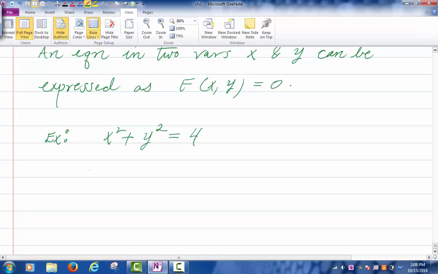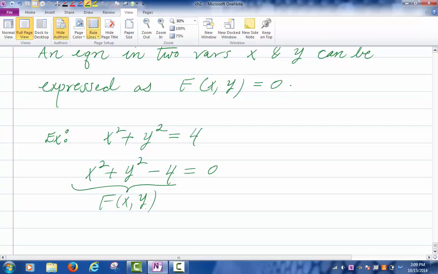I can express that equation as x squared plus y squared minus 4 equals 0, and this left-hand side is what I'm calling f of x, y, right? So any equation you have, you can write as a certain expression involving x and y equals 0. Is everybody okay?